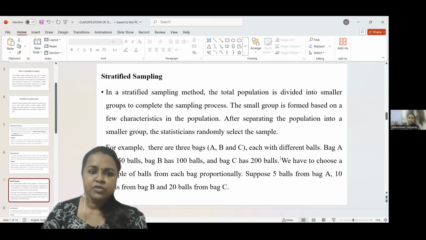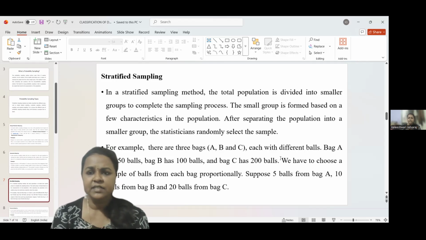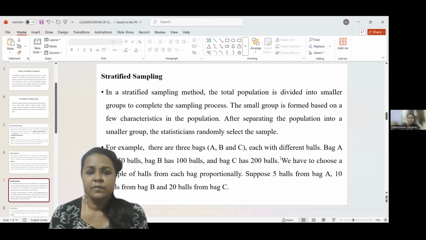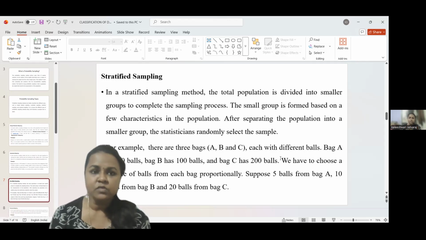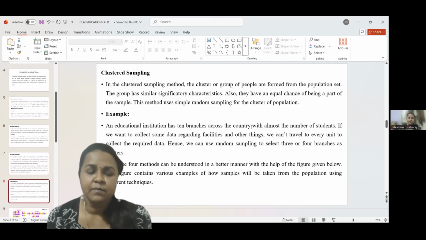So we have to choose a sample of balls from each bag proportionately. Suppose 5 balls from bag A, 10 balls from bag B, and 20 balls from bag C. So this falls under stratified sampling. If you are conducting a sample for a particular target group, and you want to conduct it on different criteria based on their characteristics, then the suitable way of selecting a sample is through stratified sampling. Then comes the concept of clustered sampling.